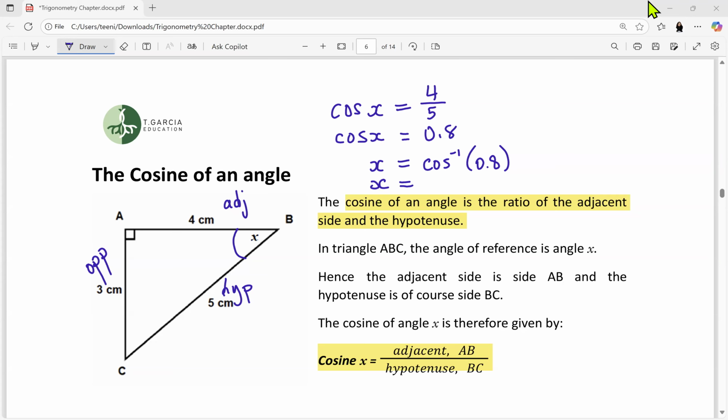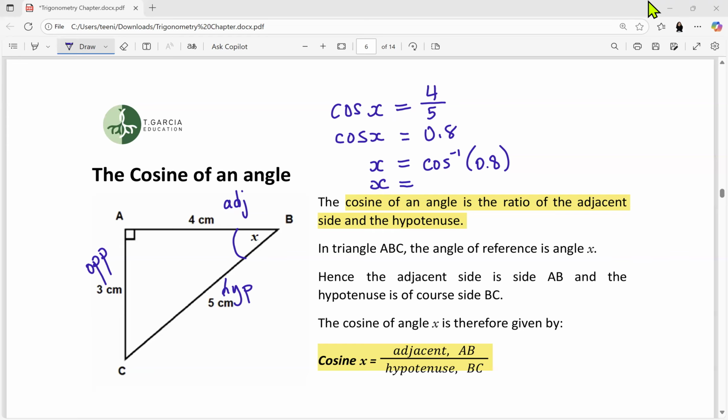Good. The first key on your calculator on the left top hand side says shift. You have to press shift and then cos to get cos inverse. Then type in 0.8 and press the equal sign and tell me.